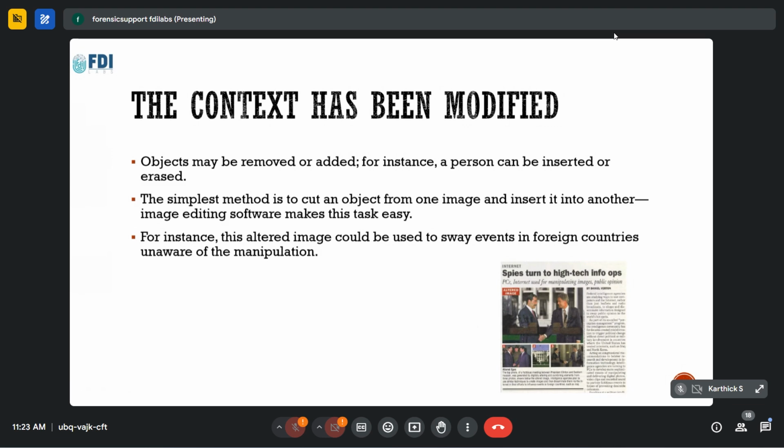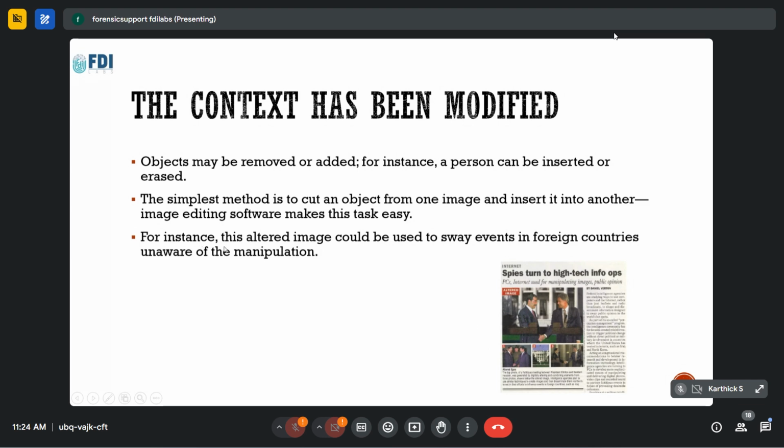This is a basic example of a method called copy move manipulation, which I explained in my last session too. We will discuss more advanced topics of how copy move manipulation takes place further in this session. And this is a basic example of how this copy move, this region duplication, takes place.